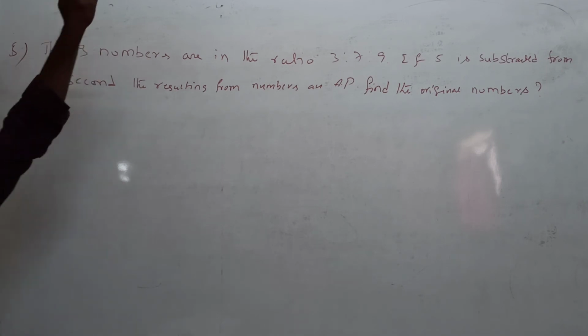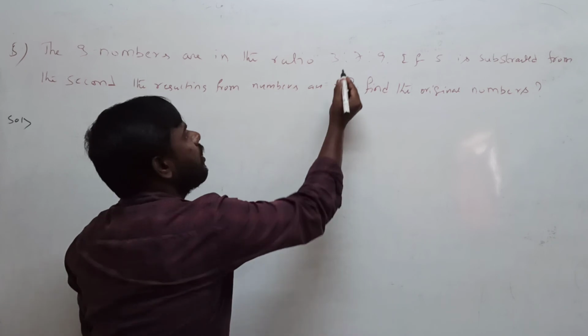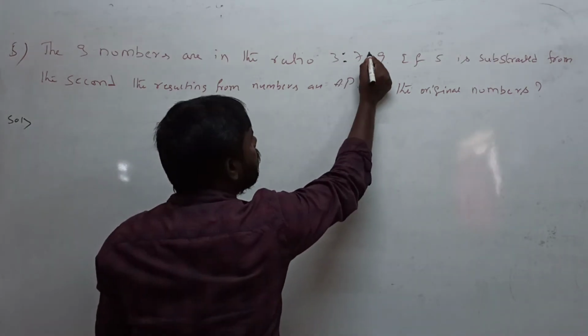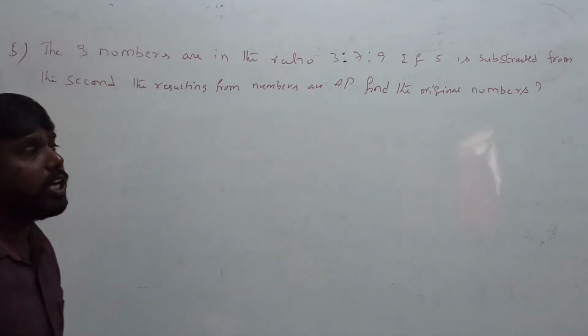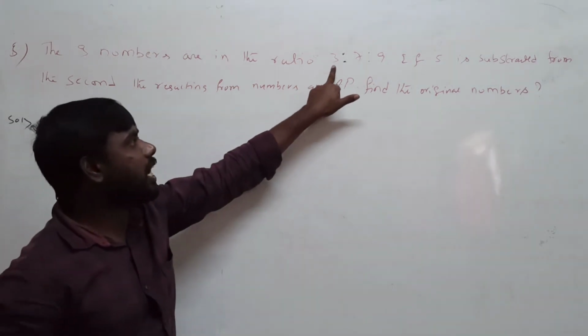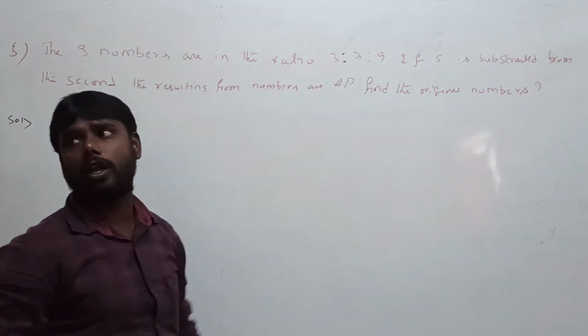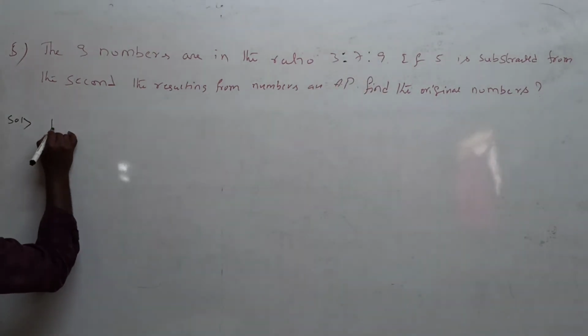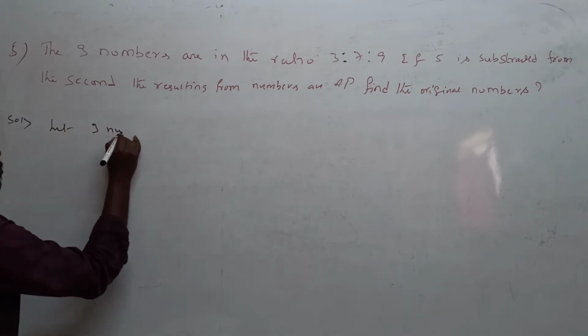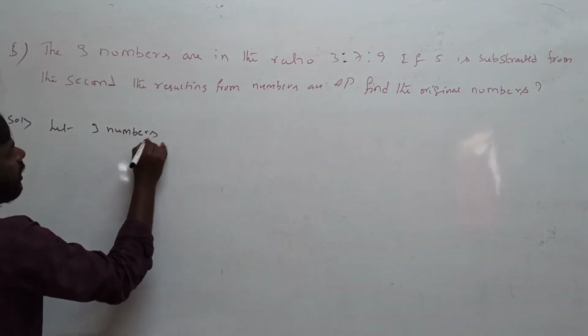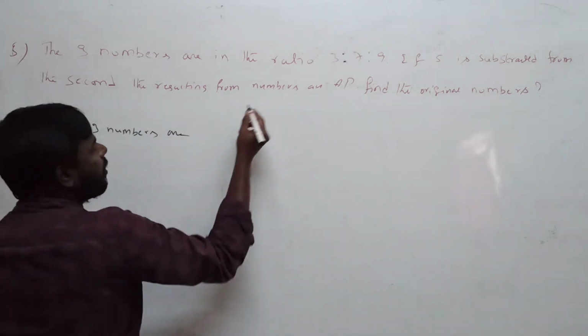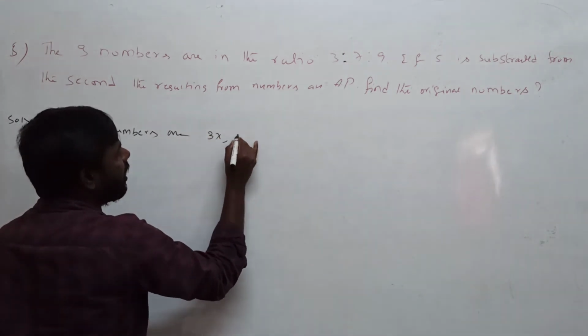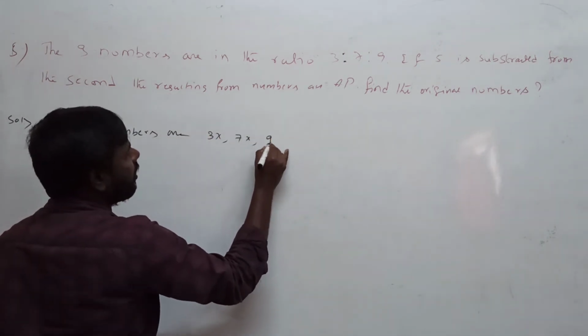Three numbers are in the ratio 3 is to 7 is to 9, so we assume the three numbers are 3x, 7x, 9x.